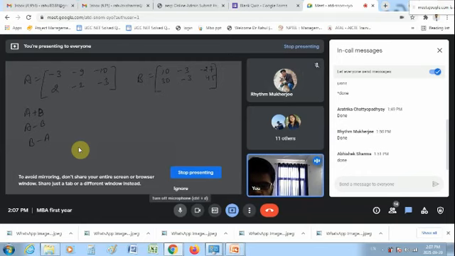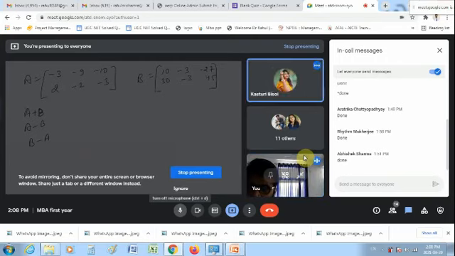Yes, Ridham, you were asking something, beta. So you said the matrix had to be in the same order. So they are of same order. A and B are of same order. You can check. What is the order for matrix A? 2 into 3, so 2 by 3.